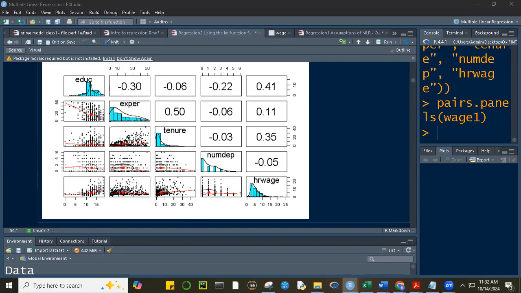You can see that it has a negative correlation, and that's specified here, negative 0.3. And then in its plot, we can really see it going downward. Here, for education and tenure, it's negative 0.06, and you can see here that it's practically no correlation, just a straight line.